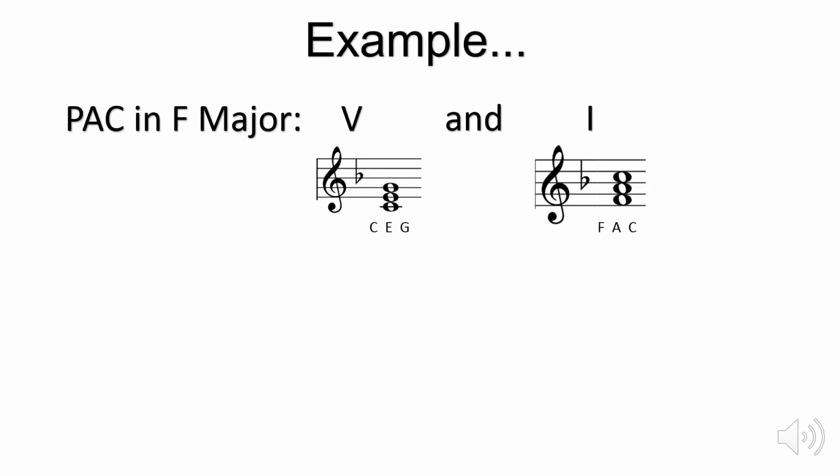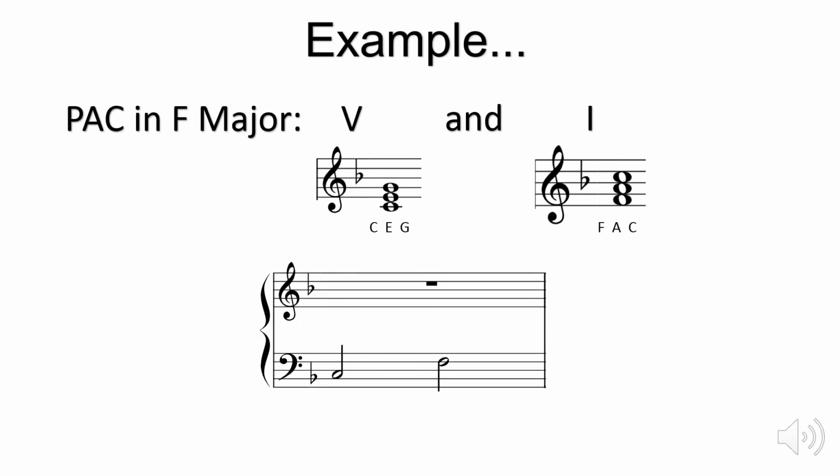The next thing we know is that the two chords must be in root position. So what are the bass notes for this cadence if the two chords are going to be in root position? It's going to be C and F. We also know from the rules of a PAC that the top note, or the soprano voice, of the final chord must be the tonic.